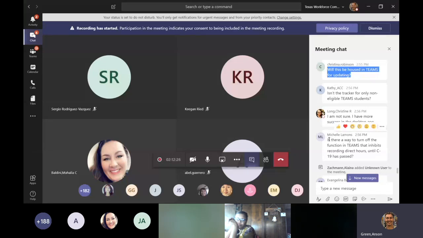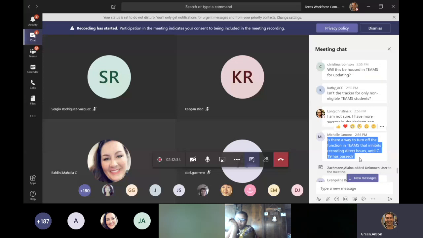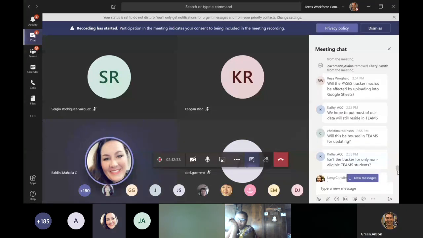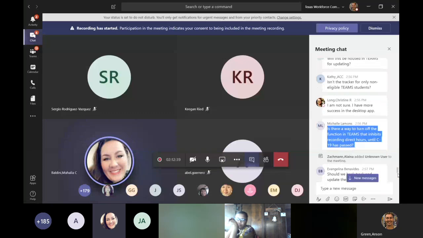Michelle Lamons out of Amarillo asks: is there a way to turn off the function in Teams that inhibits recording direct hours until C19 has passed? I think that goes back to Abel's question too. Everything that happens in Teams, we can do whatever we want in terms of the system being pliable. It's just time.